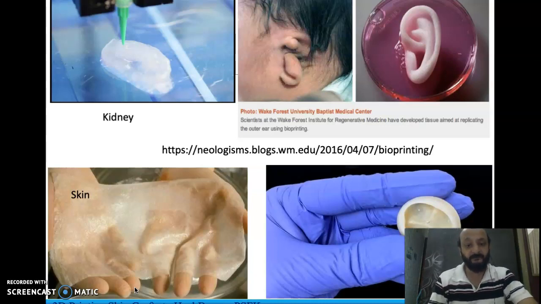Skin is a good bioprinted organ for patients suffering from skin cancer or burns. The next organ is the heart valve. Patients suffering from a defective heart valve can be given 3D bioprinted heart valves.